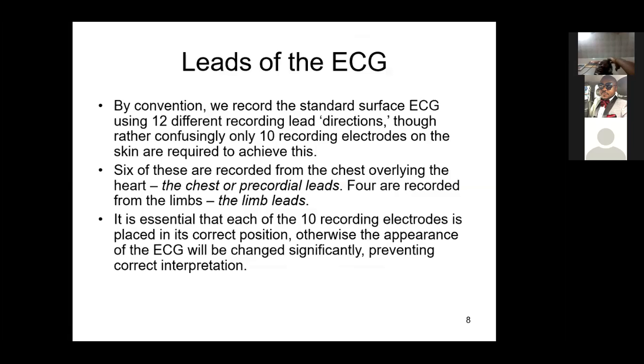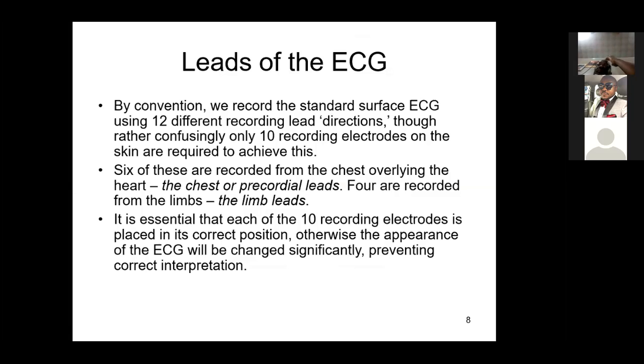Now, the leads of the electrocardiogram. By convention, we record the standard surface ECG using 12 different recording lead directions. Thus, we have 12 different leads. But rather confusingly, there are only 10 recording electrodes. The electrodes are what we attach directly to the skin of the body to achieve this.